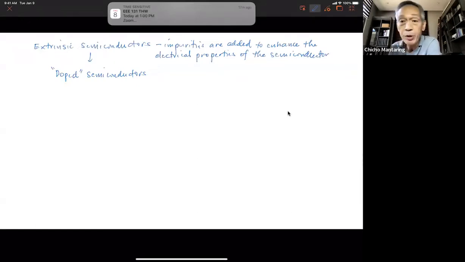Okay, there are two types of impurities. The first type we call acceptor impurities. And the second type we call donor impurities.